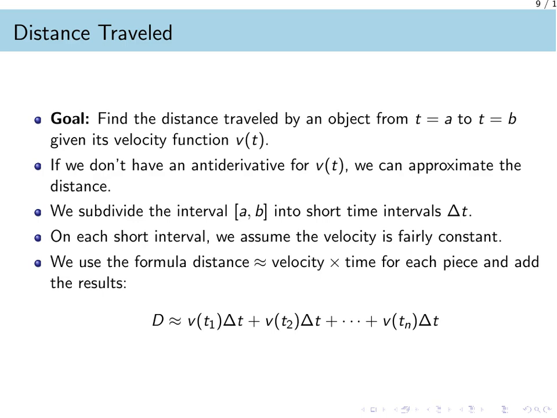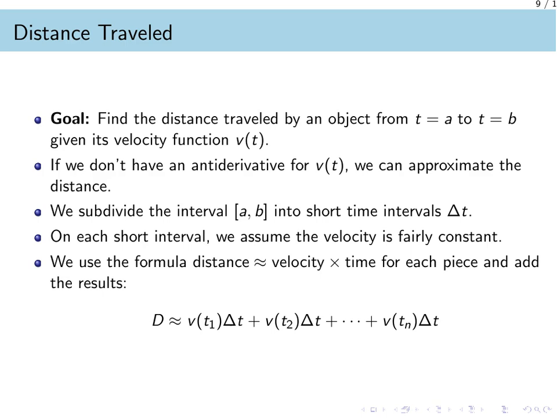Now let us apply this same summation idea to a different problem. Calculating distance. Our goal is to find the distance an object travels from time t equals a to t equals b, given its velocity function v of t. If the velocity were constant, we would just multiply velocity by time. But if the velocity is changing, we can adapt our area method.